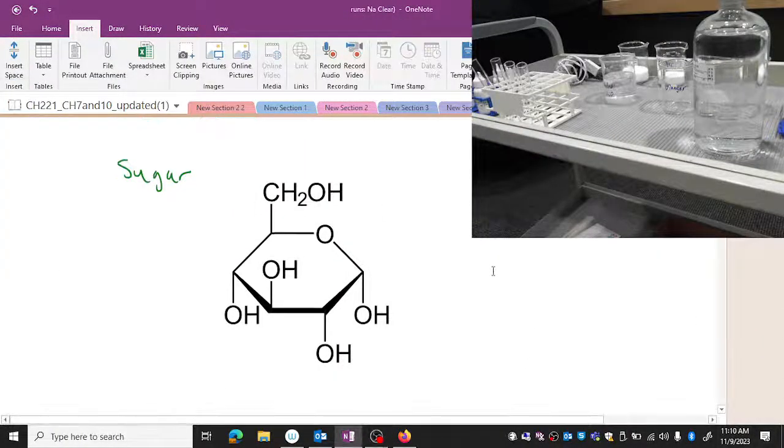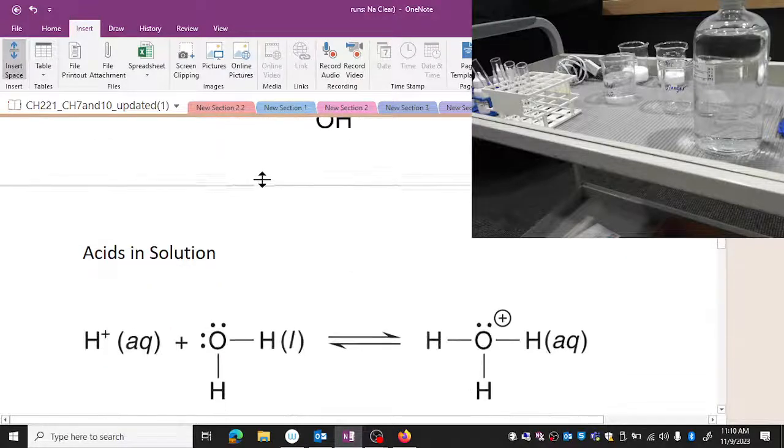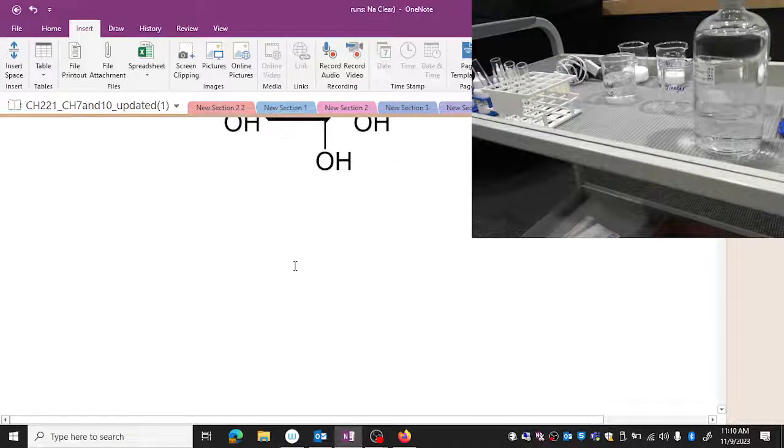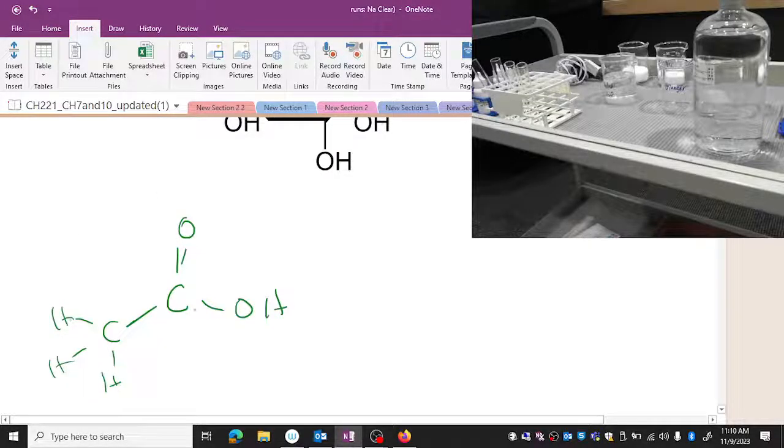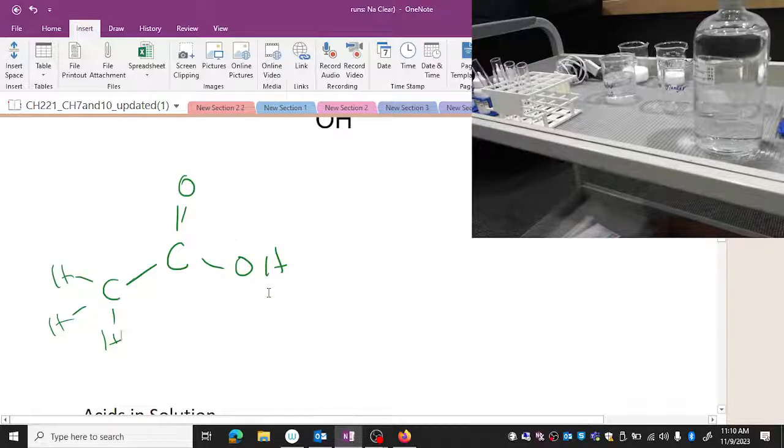So let's look at what is vinegar. So this is vinegar here, our acetic acid, and we'll look at why it's called acetic acid. Those are just carbons and hydrogens. And so let's pour some out.